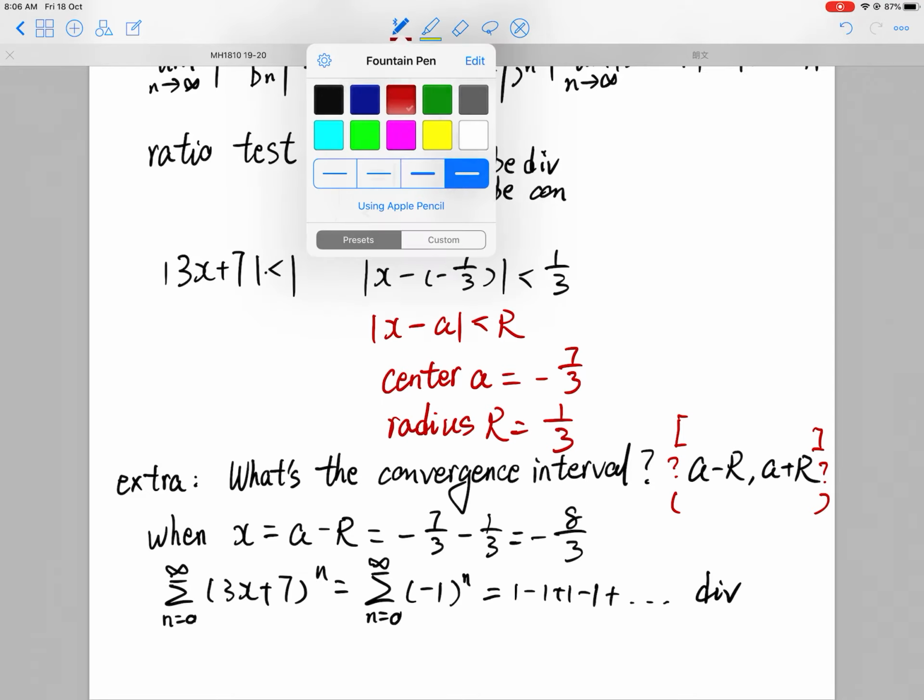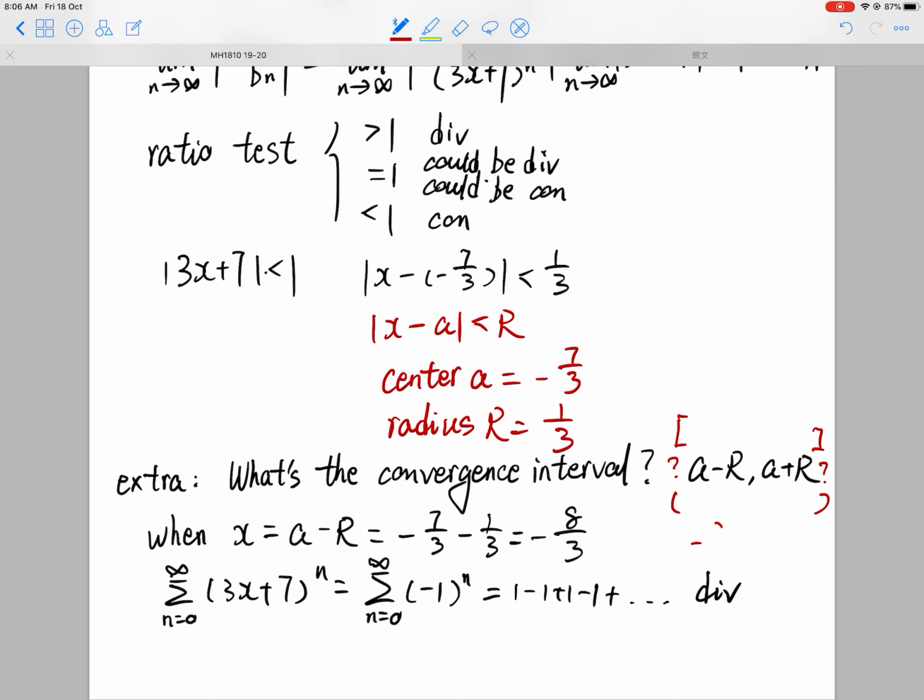So here we know that the convergence interval will be -8/3, and this part is excluded, so this part is open. What about the right side? Right side, a plus r, it's -6/3. Then you can sub in.